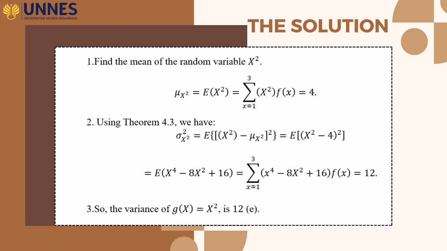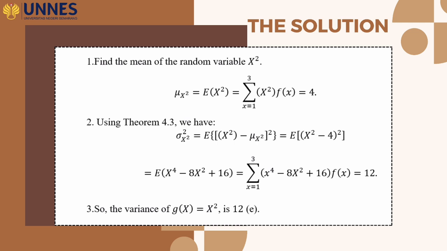The mean of the random variable X squared is mu of X squared equal to E[X squared], equal to the sum from x equal 1 to 3 of x squared times f(x).